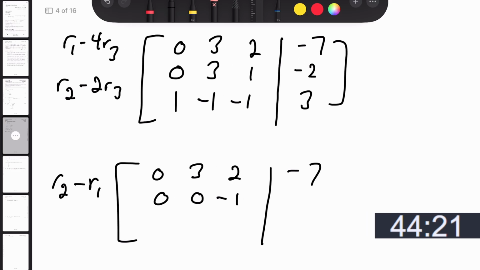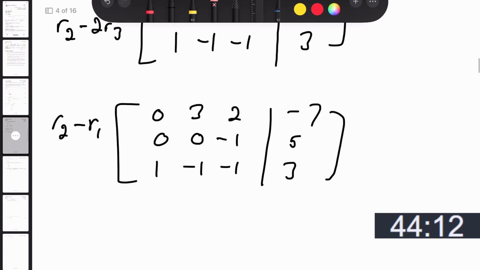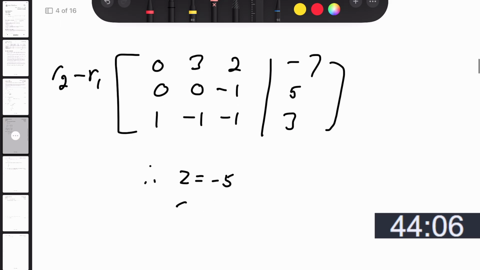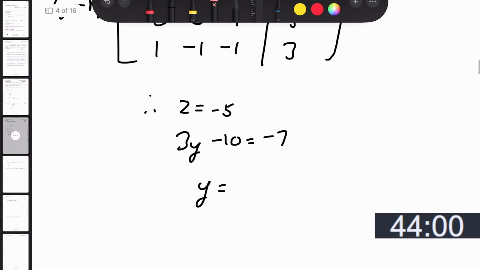Now negative 2 minus negative 7 is going to be, negative 2 plus 7, so that's going to be 5. And I get negative 1, 1, negative 1, negative 1, 3. So then therefore z is going to equal negative 5. So then I have 3y minus 10 equals negative 7. Y is going to equal 1.